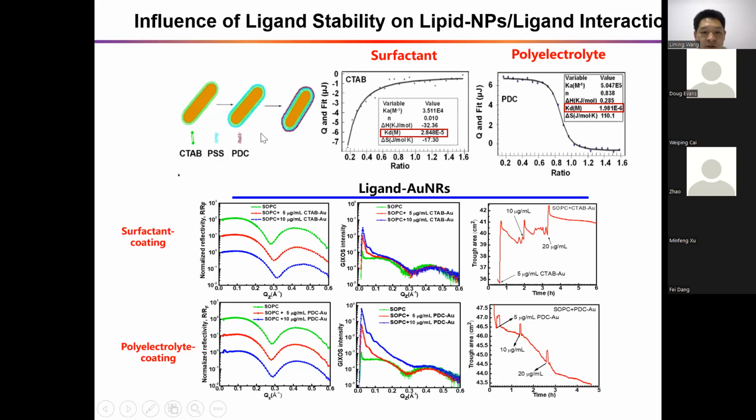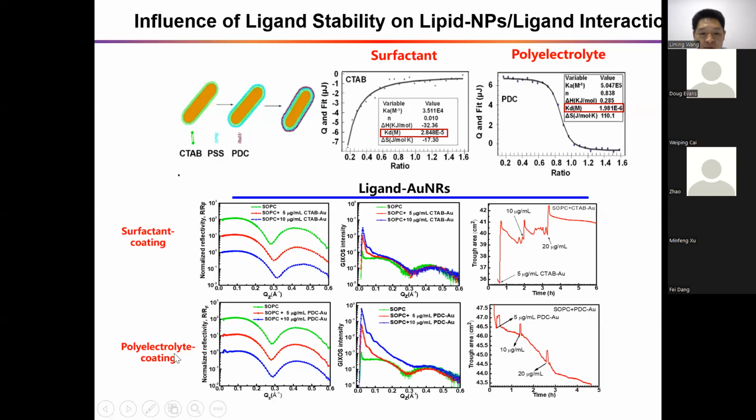We use the CTAB gold nanorods and PDC gold nanorods to study their interactions. We found that surfactant coated nanorods may change the thickness of the lipid. After interaction, the thickness of the lipid changes, and we can also get quantitative information about the thickness of the lipid.